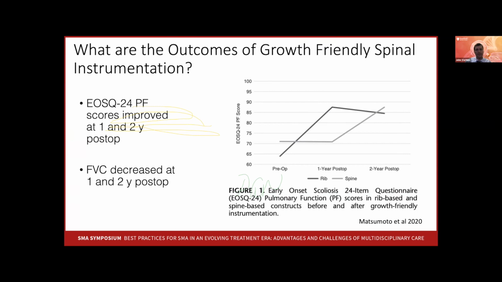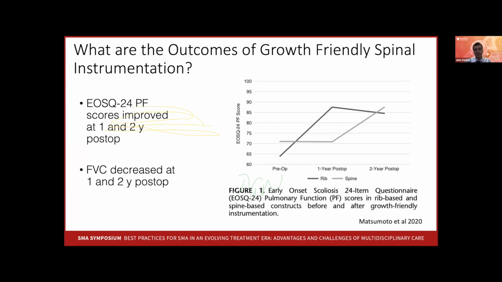And they found that even in this patient population that had growing rods, they had decreased FVC at 1 and 2 years post-op, but even in the face of this decreasing FVC, their quality of life, as they saw it with regards to their pulmonary function, was actually improving at 1 year and 2 years post-op.